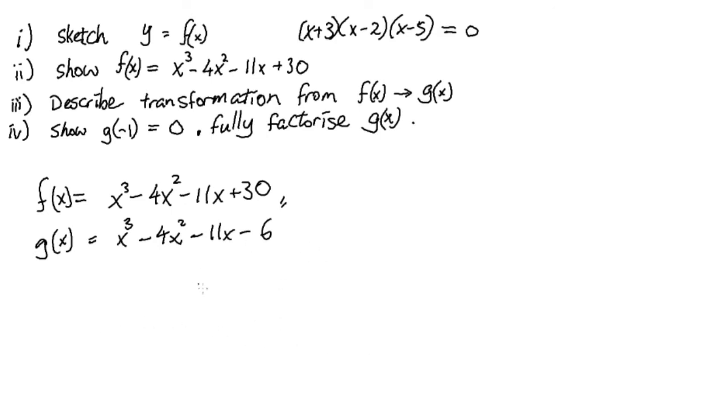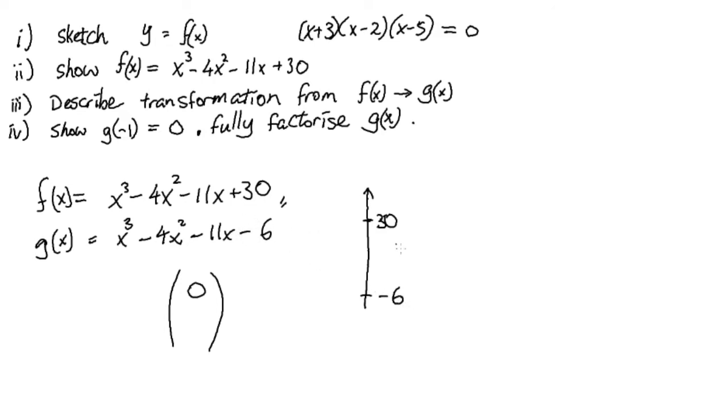So it is a straightforward translation, and a translation has a notation of a vertical bracket with 0 horizontal displacement and a value of vertical displacement. To find the vertical displacement, you consider the y-intercept: the original curve crosses the y-axis at 30, and the transformed curve crosses at negative 6.